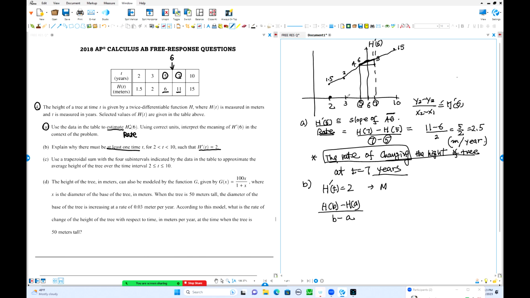Because only 5 points are given, using these points we find that the slope equals 2. This is equal to h prime of t, at a time t that must be between a and b. That is the mean value theorem.